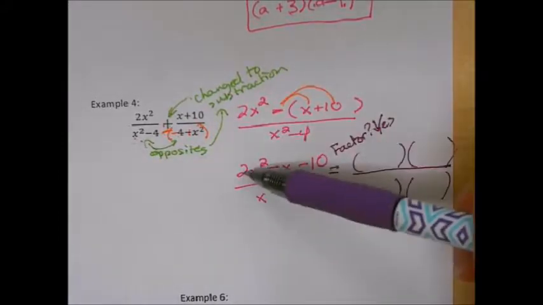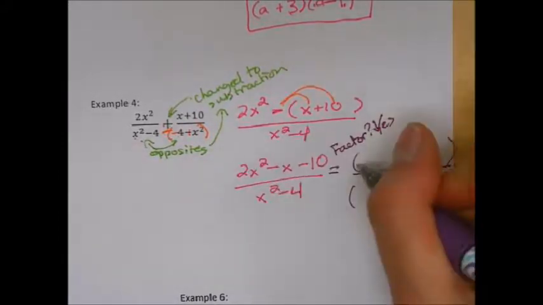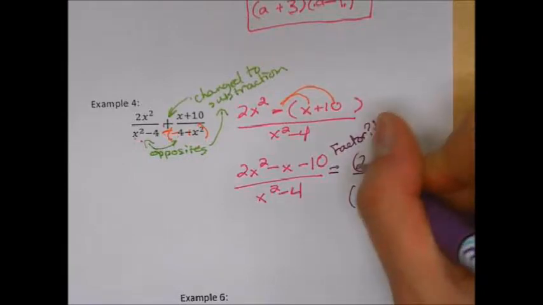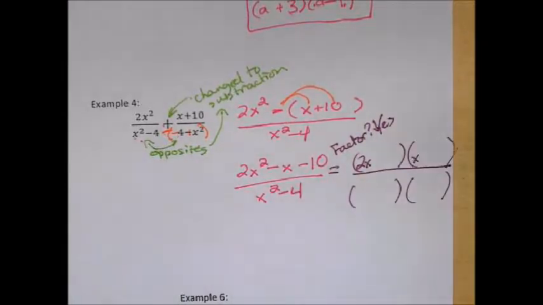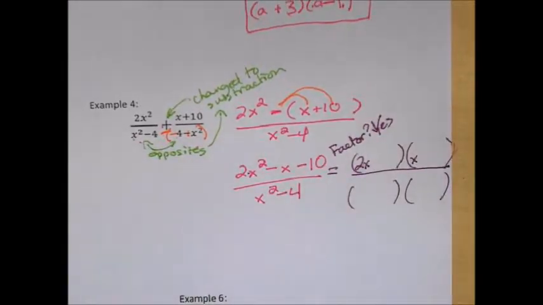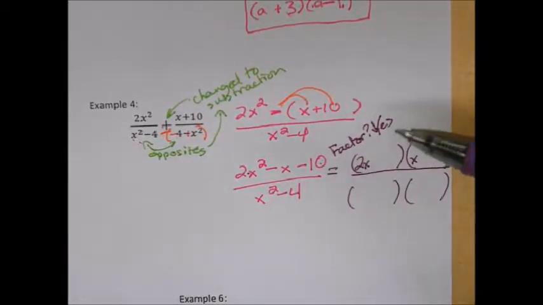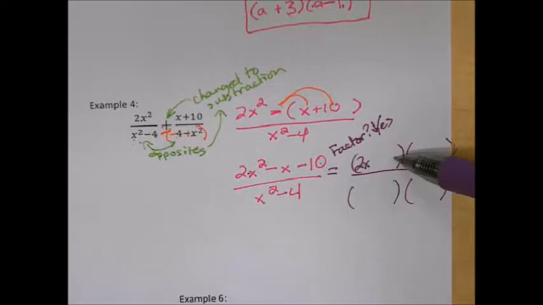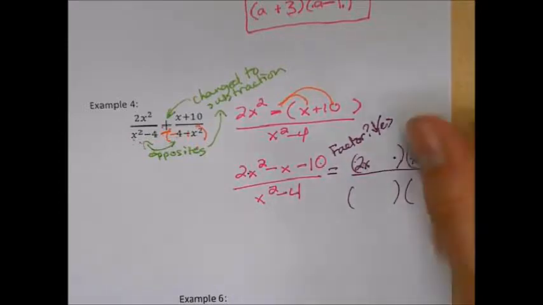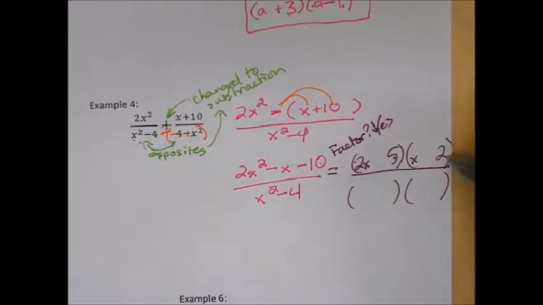When I have a number not 1 in front, we're going to see 2. So that's going to be a 2x and an x. 2x times x is 2x squared. Let's try 2 and 5 for 10 first. If I put a 2 here, that has a GCF of 2, so I'm going to put a 5 here and a 2 here.